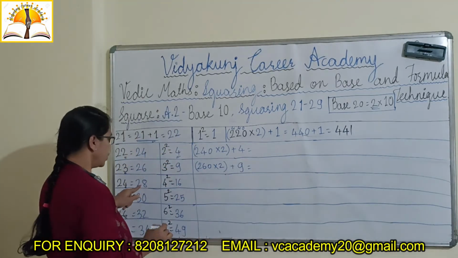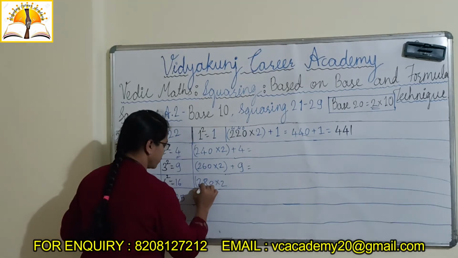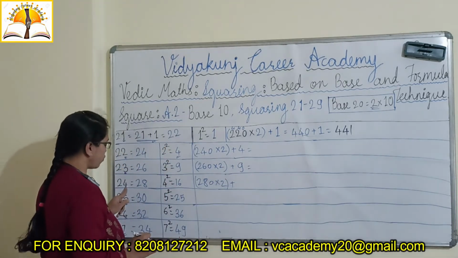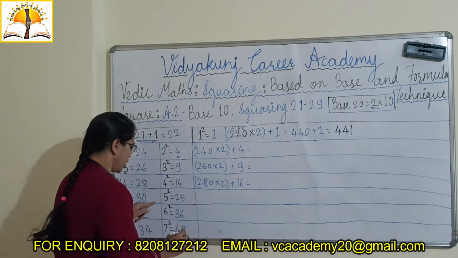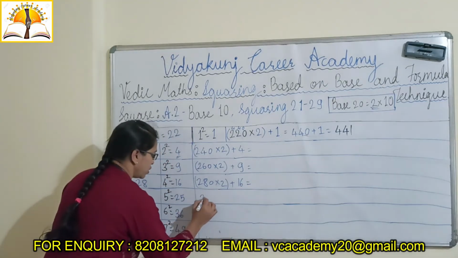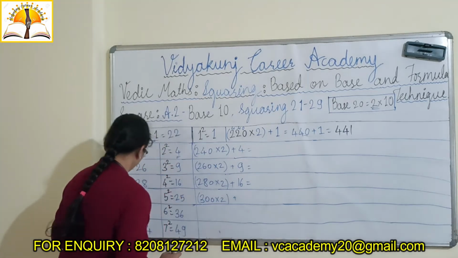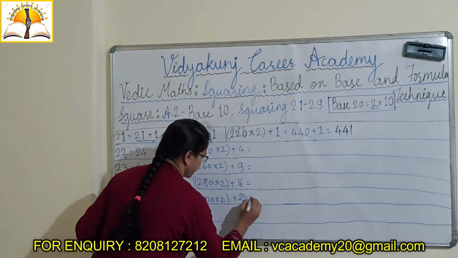Okay, here 28, 0 into 2, plus unit place number is 4, and 4 square is 16. Here also 30, 0 into 2, plus unit place number 5, square is 25.